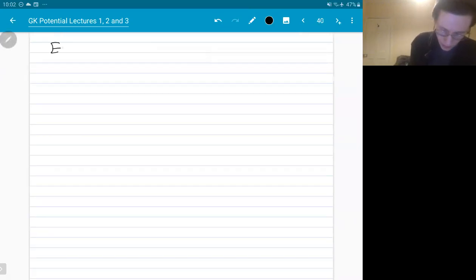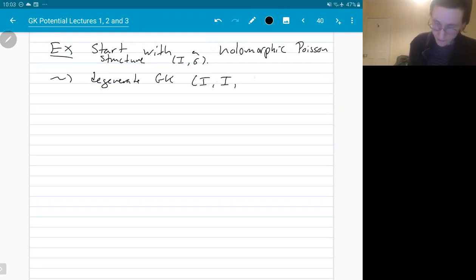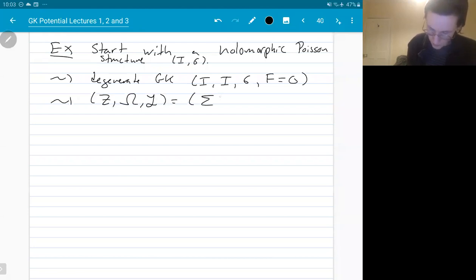So let me just give two examples of this. One of them is if we start with a holomorphic Poisson structure, sigma. So remember, this gives us this degenerate GK. And the Morita equivalence, which is just the symplectic groupoid with the identity arrows. And then let f be a real function.